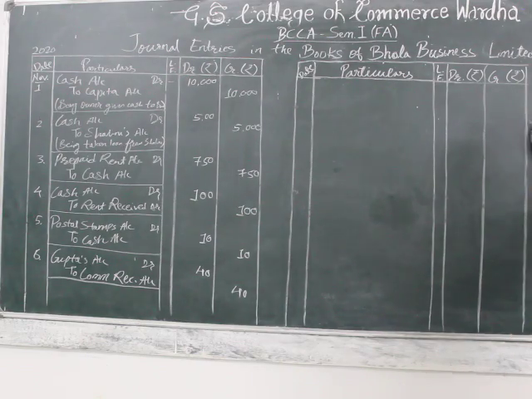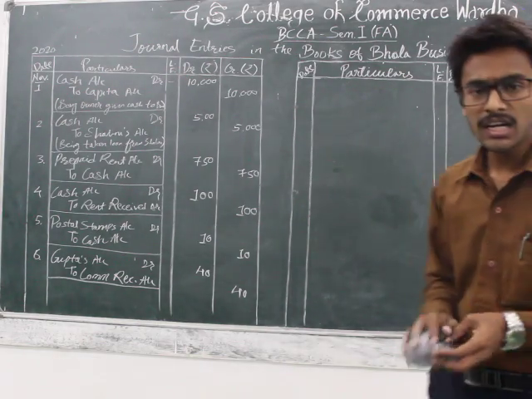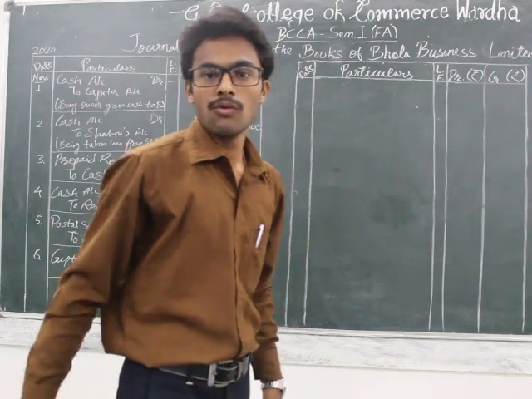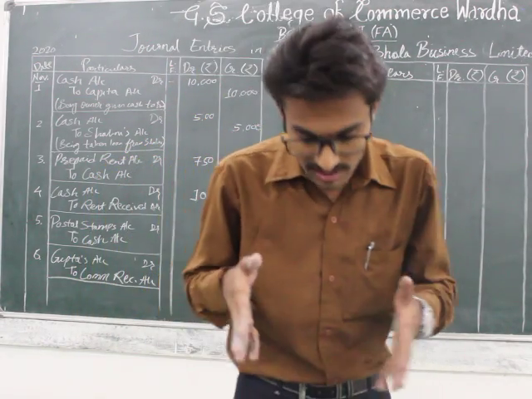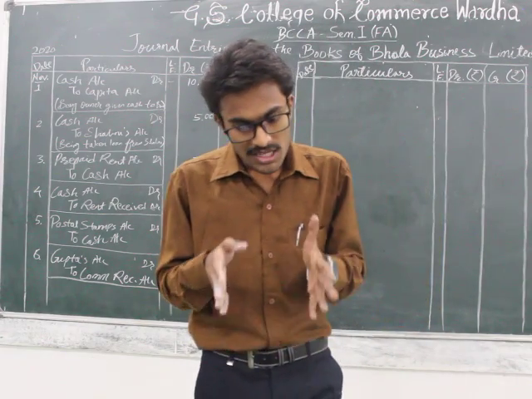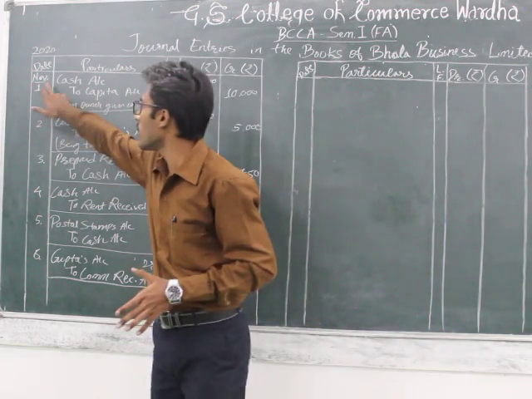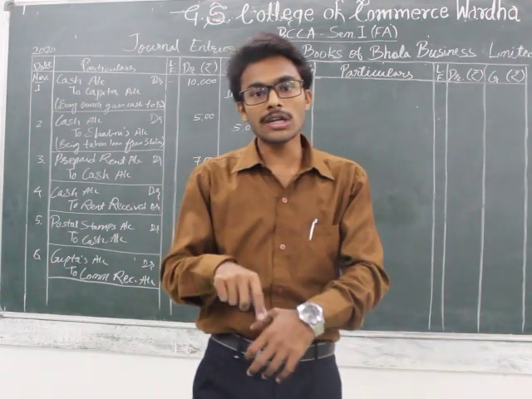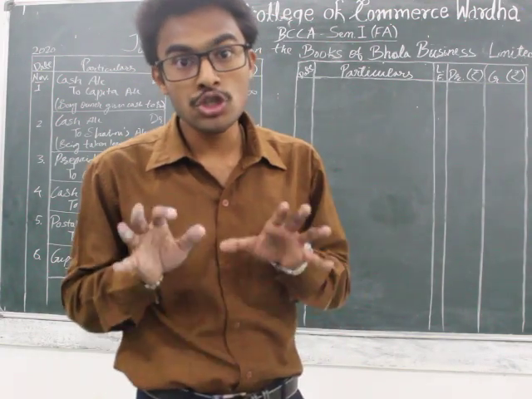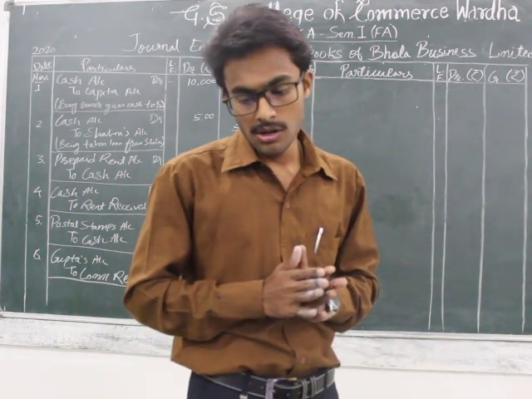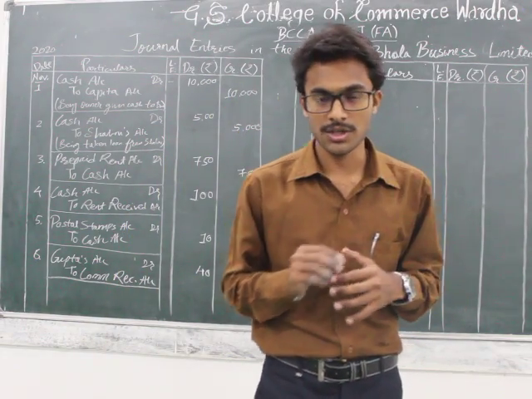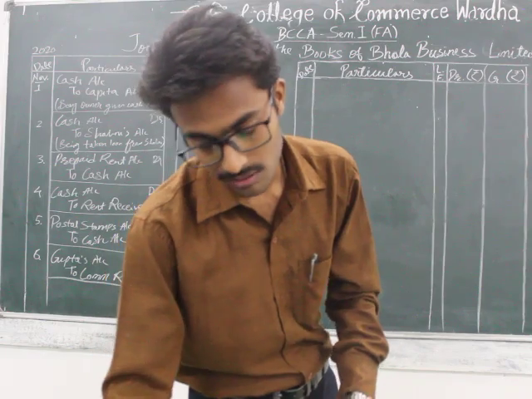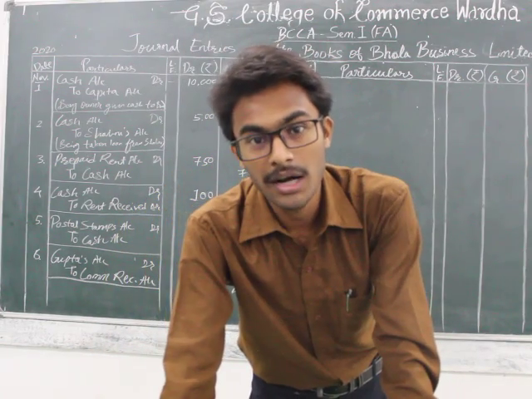Till now we were making journal entries for transactions, but on the 7th of November, an old typewriter has been stolen by someone. So what will be the journal entry? Although this is not a transaction, this is a loss.